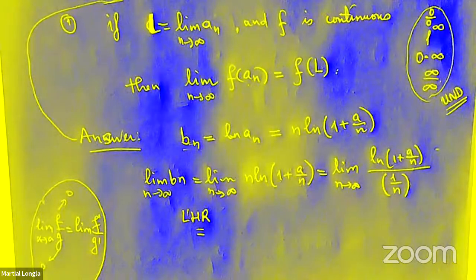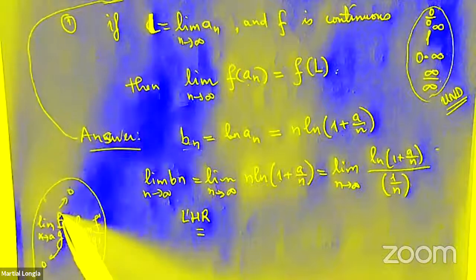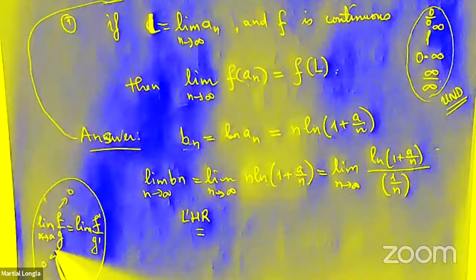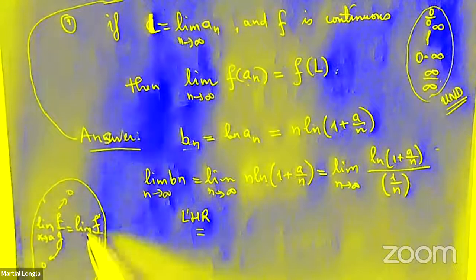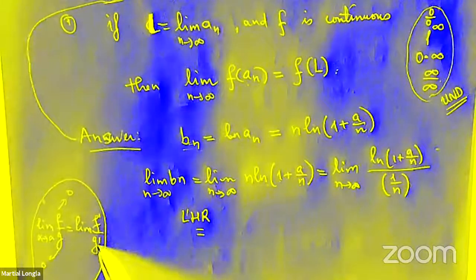So if the top goes to 0 and the bottom goes to 0, that limit is going to be equal to the limit of the ratio of the derivatives.